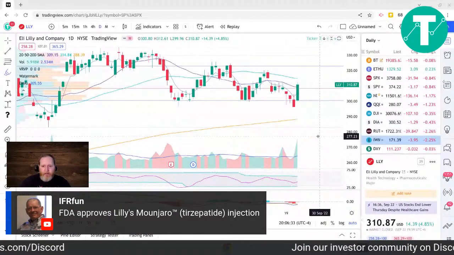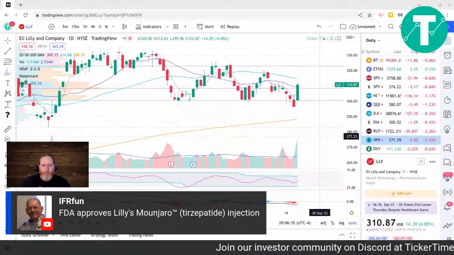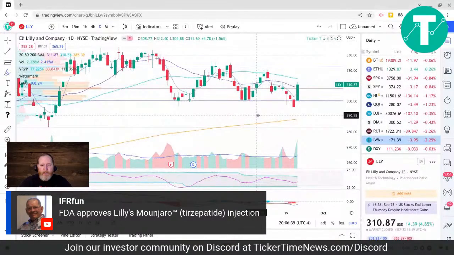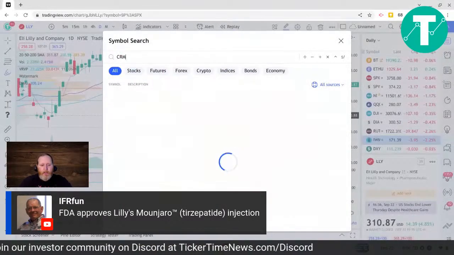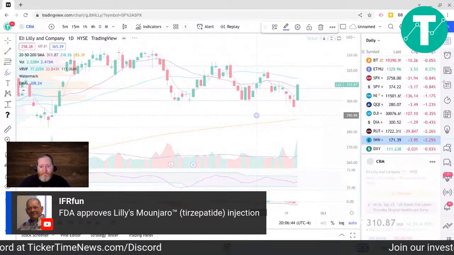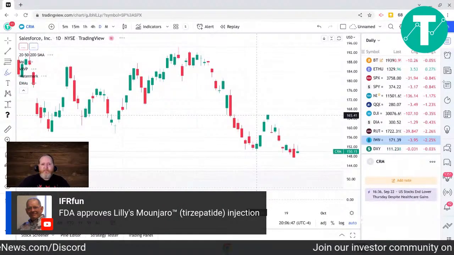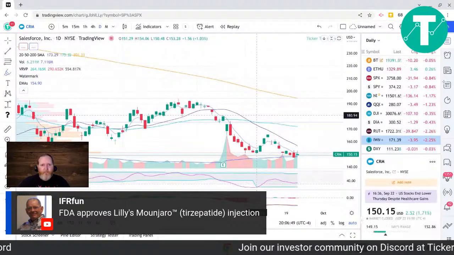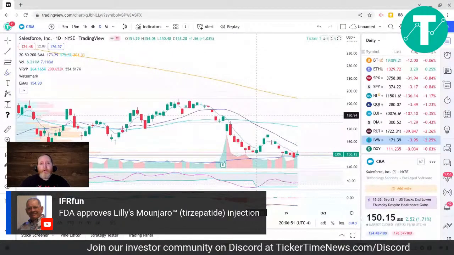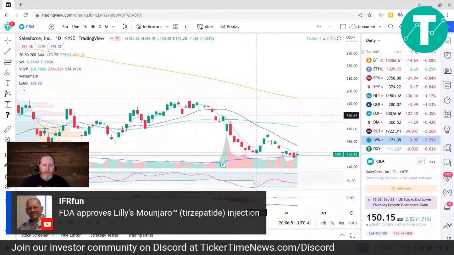Another one of the winners today is Salesforce, CRM. Oh, got to get the cursor back over here. CRM is the ticker symbol for Salesforce. They were up 1.7% today. Now, Salesforce outperformed after providing an upbeat long-term outlook at its investor day. That's what helped it.